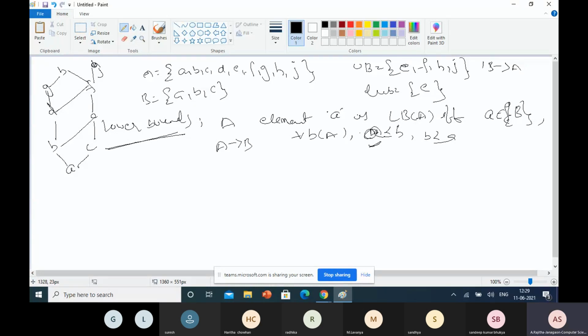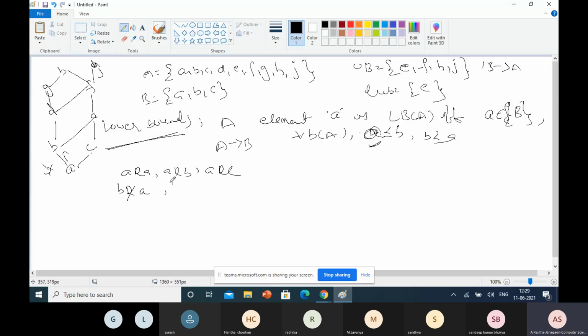So first, A relates to A, A relates to B, and A relates to C. Next is B. B relates to B, and B does not relate to C, there is no downward, only upward.